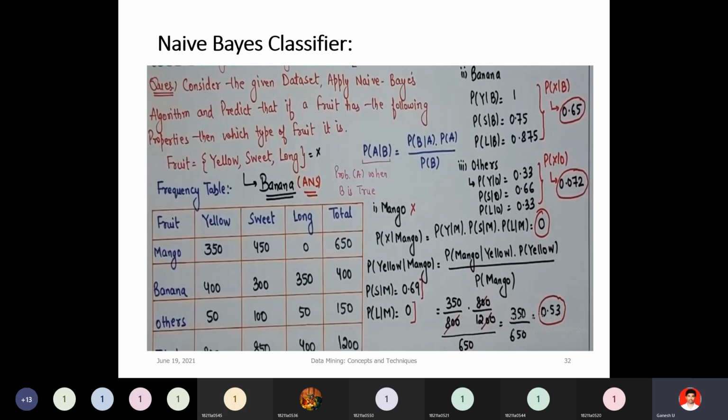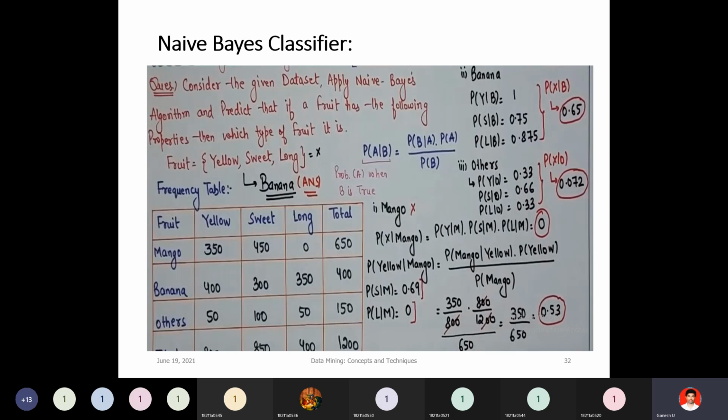Here, what is P of X by mango? X by mango is nothing but all the conditions you have. P of X by mango equals P of yellow by mango, P of sweet by mango, P of long by mango. These three you have to multiply.